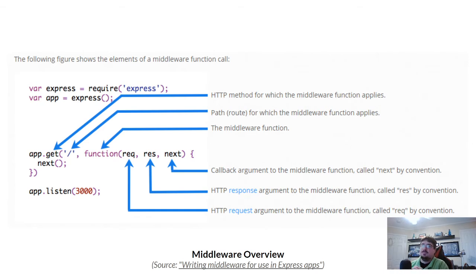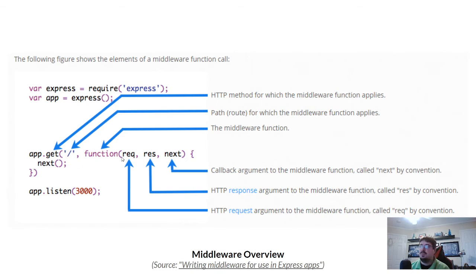So they've got an example here diagramming how this might look. One of the things you should note is this also just looks like a response route handler, right? So I say app.get slash, so that would be the home page. If I request the home page, then run this function. Well, this function is inherently a middleware function.